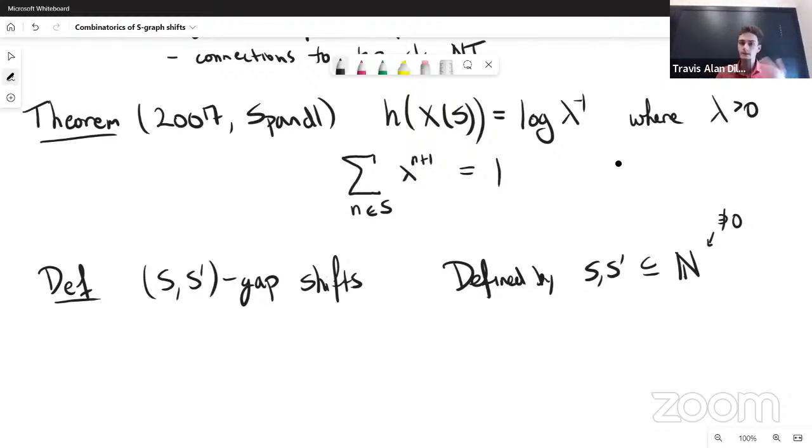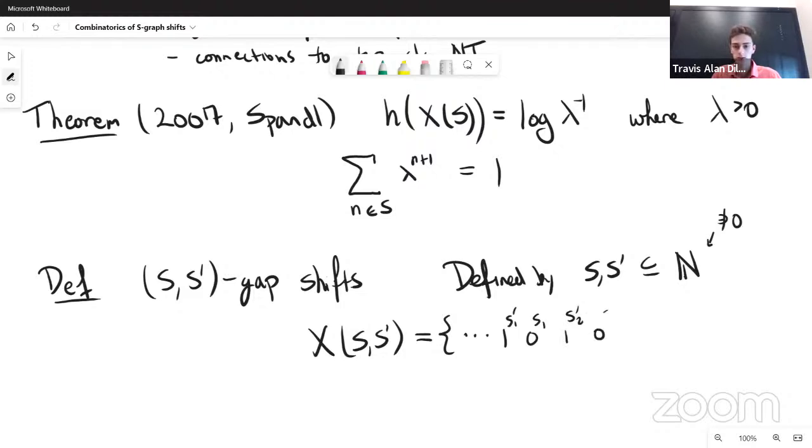And it's exactly what I mentioned before. So X of S prime, the shift corresponding to these two sets, is what happens when you just concatenate blocks of zeros and ones that have the right lengths. So if I were to write it out, one way to write it out is like this.